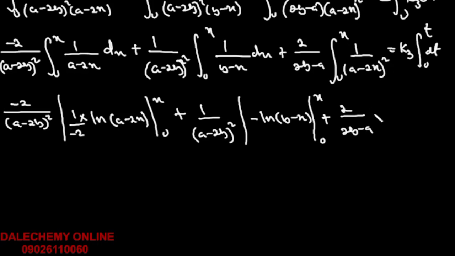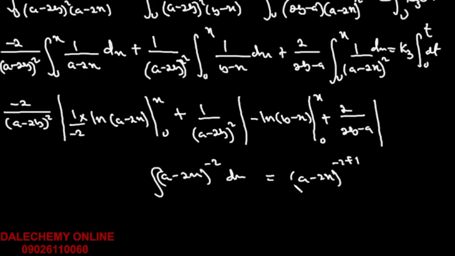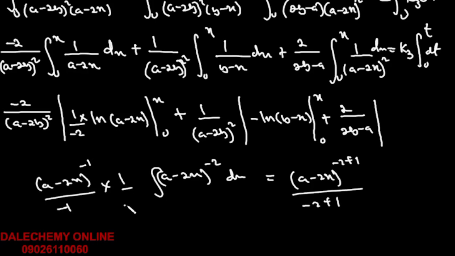Now if you integrate this one, it's (a minus 2x) to the power of minus 2. So that will be the integration of this dx. This should have dx. So that will be (a minus 2x) to the power of minus 2 plus 1, divided by minus 2 plus 1, and that will be (a minus 2x) to the power of minus 1 over minus 1, times 1 over minus 2.